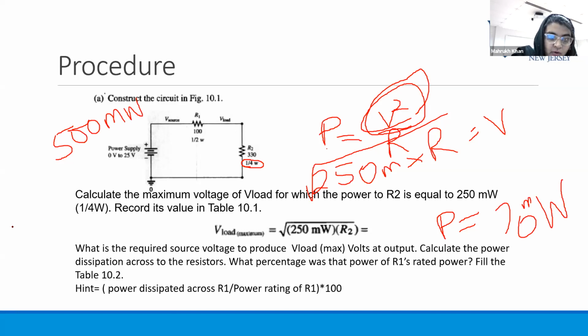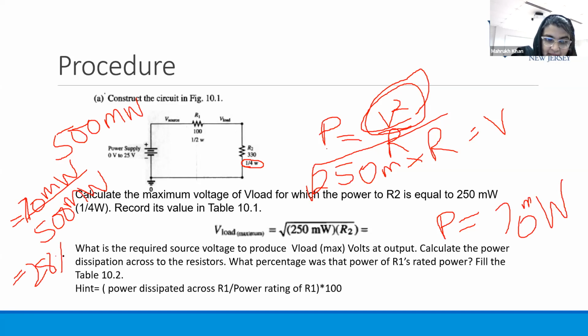So let's say the dissipation across R1 is 70 milliwatt divided by its rated power, that is 500 milliwatt, which I think is equal to, I'm not sure, about 28%.